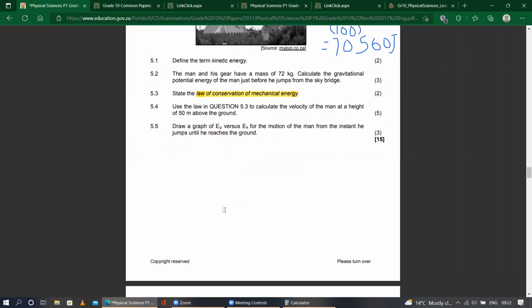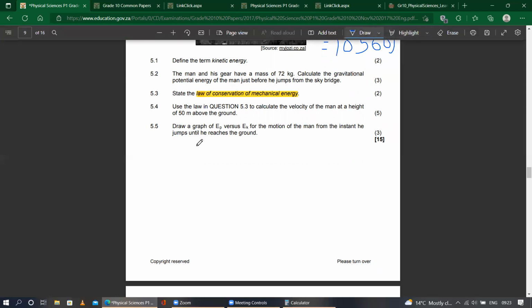Is it EP plus EK? Yes, go on. Not only the equation for mechanical energy, but the full equation for the law of conservation of mechanical energy. It's going to be mgh plus half mv squared equals mgh plus half mv squared.